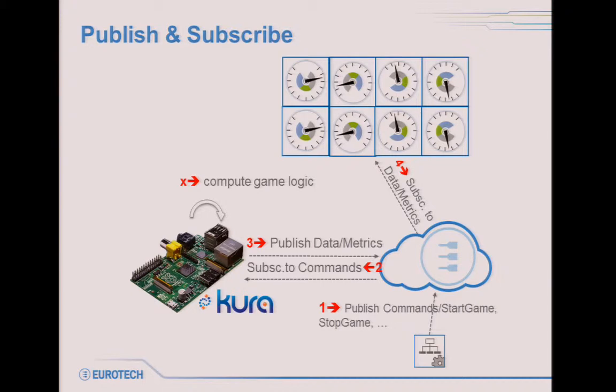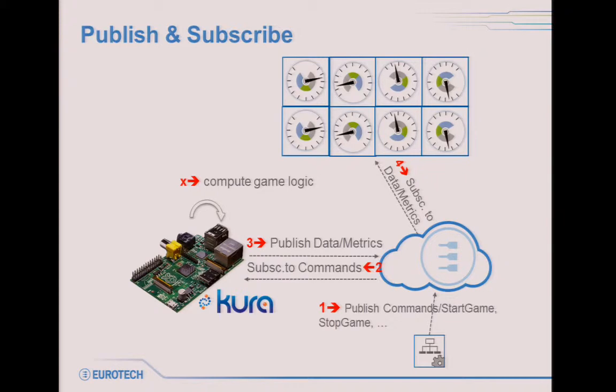From the publish-subscribe mechanism, the schema is nearly this. So first of all, we have the remote commanding program, publishing the commands like start game, stop game over the cloud, and of course the Raspberry Pi with Kura, with the embedded application they are doing, that will subscribe to the commands, so they receive the commands.